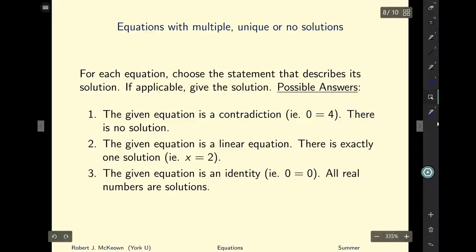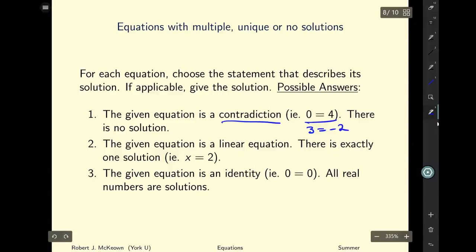So looking at your slides, I'll let you read it yourself, but you can see that when we solve an equation like we were given on ALEKS, there are really 3 possibilities that are going to come up. The first possibility is that we're going to get a contradiction. We're going to get something like 0 is equal to 4 or 3 is equal to negative 2.